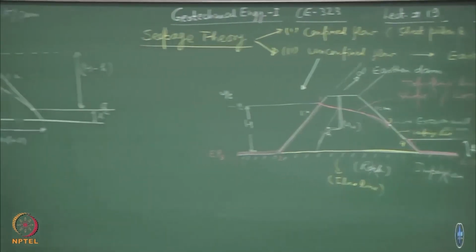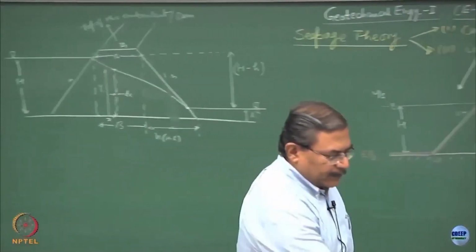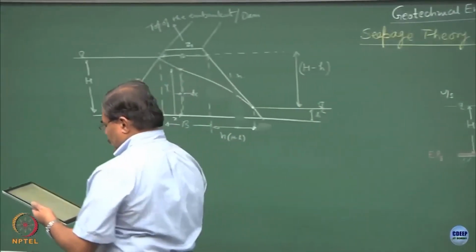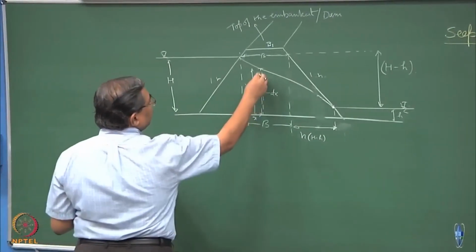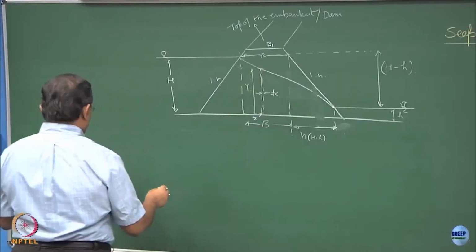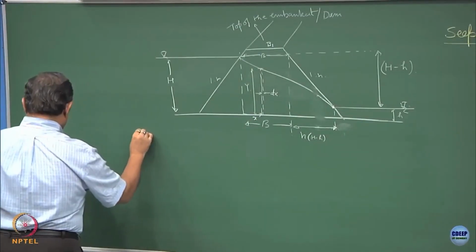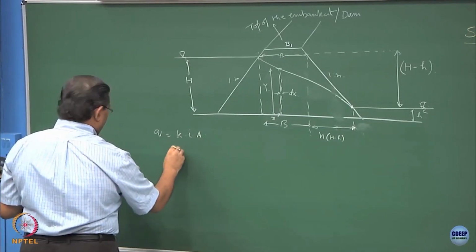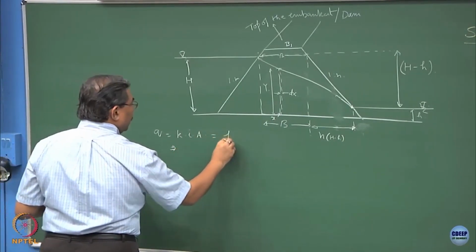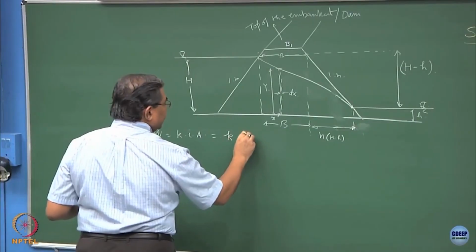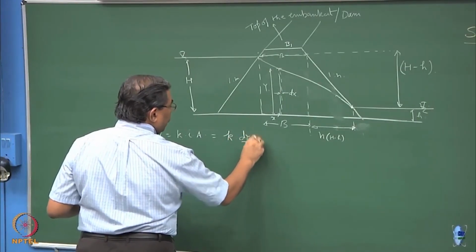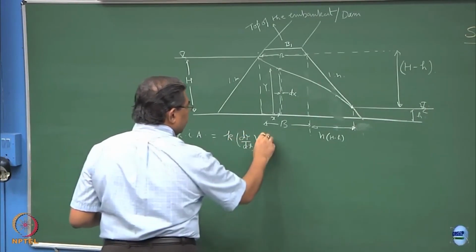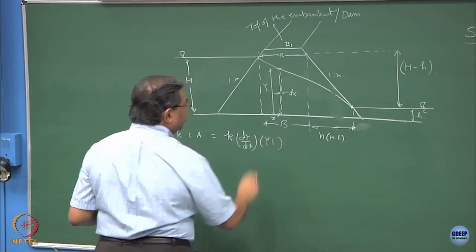Now, if you solve this expression, I will write quickly the steps. Now, if you consider this element over here, I can write Q equal to K into i into A, and this will be equal to k into dy by dx into area of cross section, which will be y into 1.